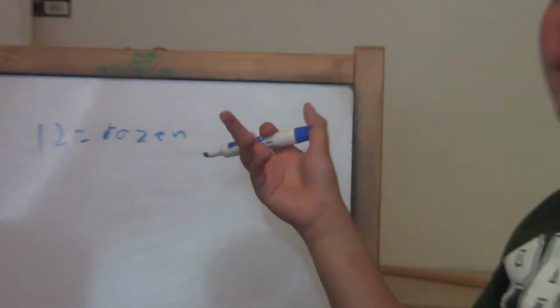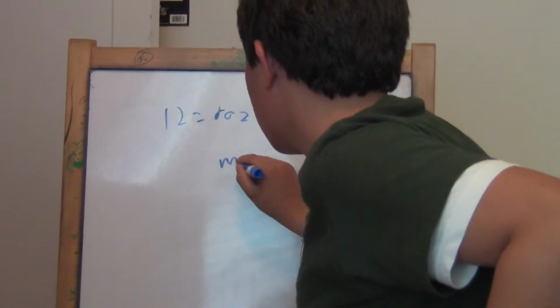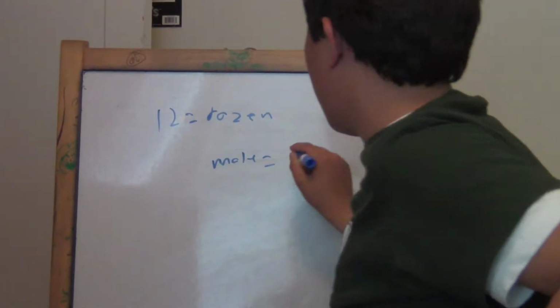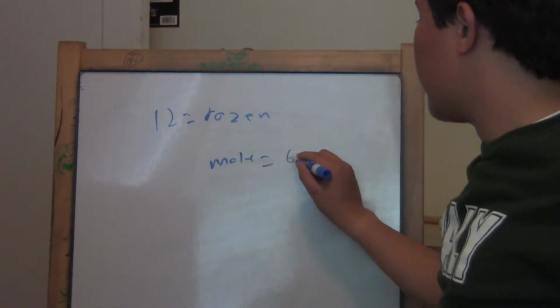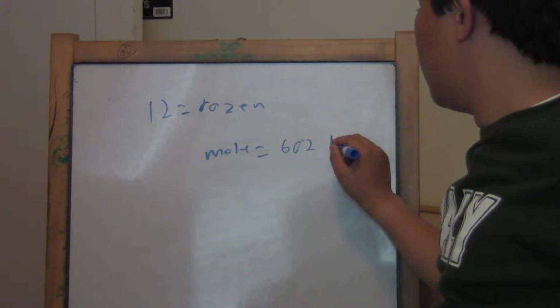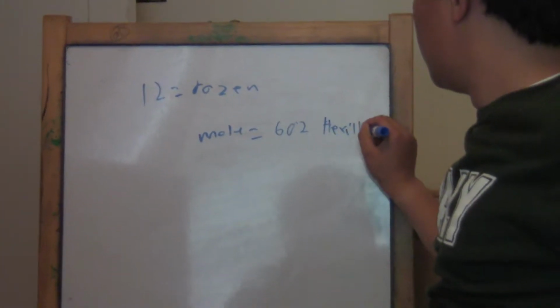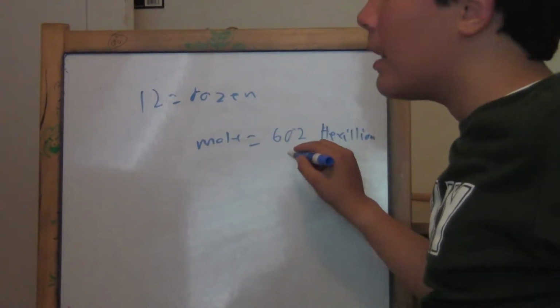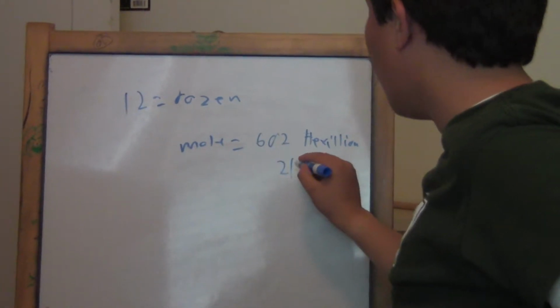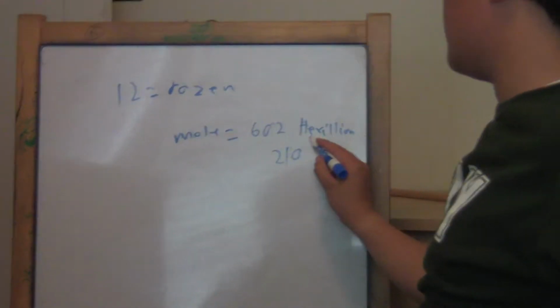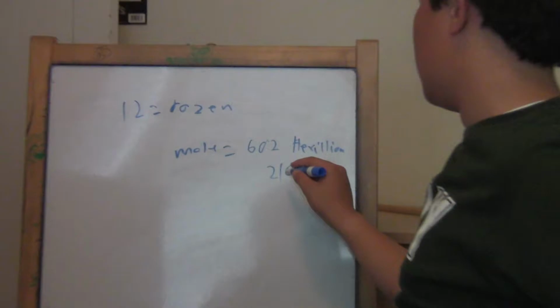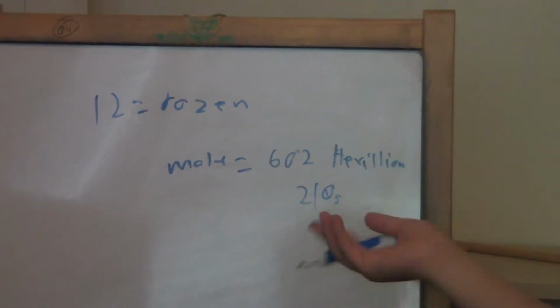Well, just think about a mole as 602 hexillion. Which by the way has 21 zeros trailing behind it. But anyways, that aside.